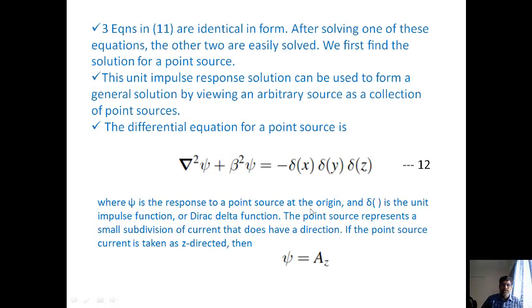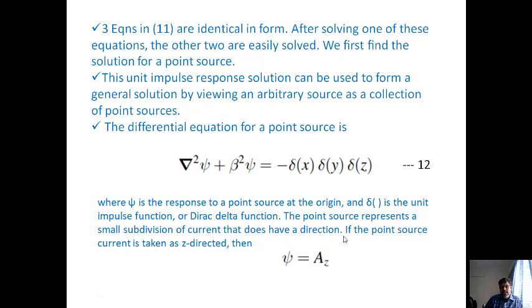where psi is the response to a point source at the origin, and delta of x, y, z are the unit impulse functions or Dirac delta functions. The point source represents a small subdivision of current that does have a direction.